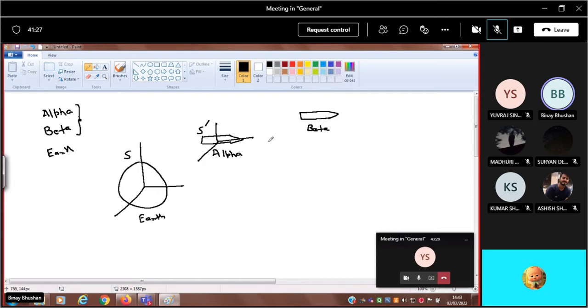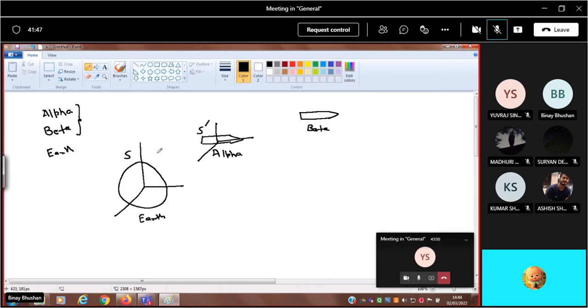Question says a spacecraft Alpha is moving at 0.90 c with respect to the Earth. Alpha is moving with respect to the Earth. That means the frame S prime is moving with respect to the frame S. Right?